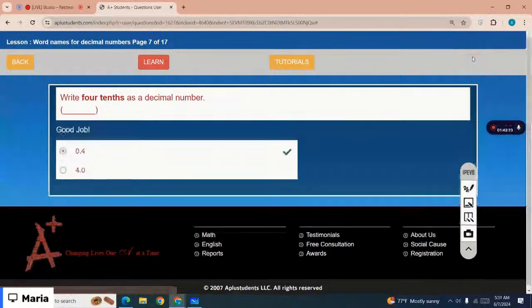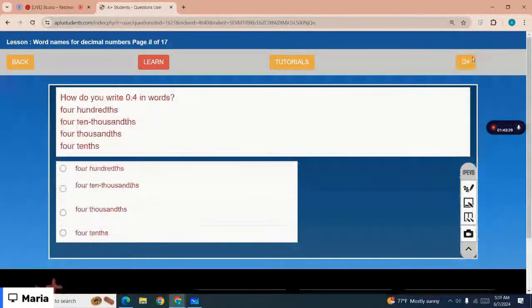Option number 1 is the correct option. How to write 0.4 in words? Tenths.